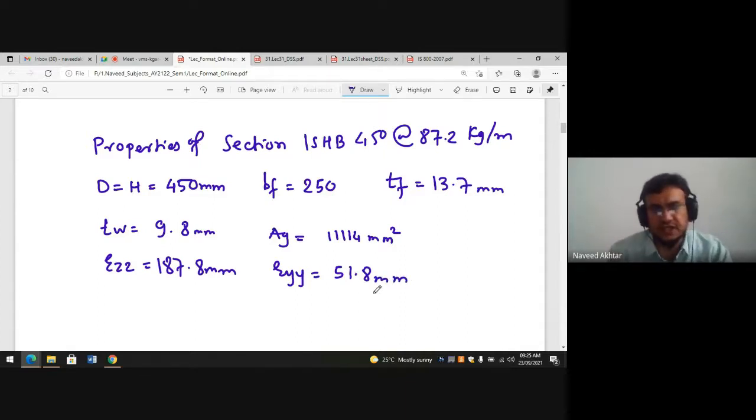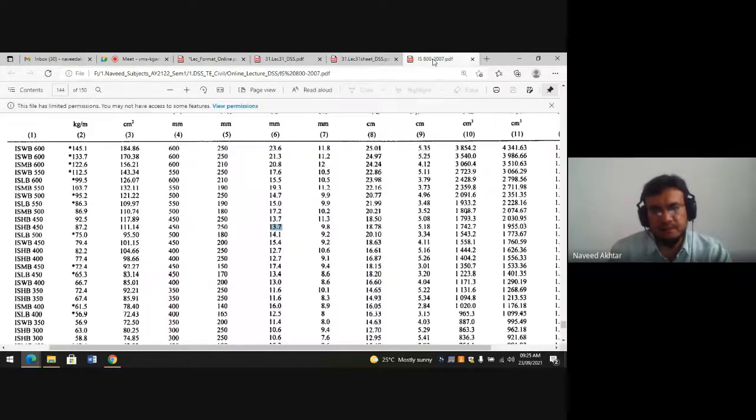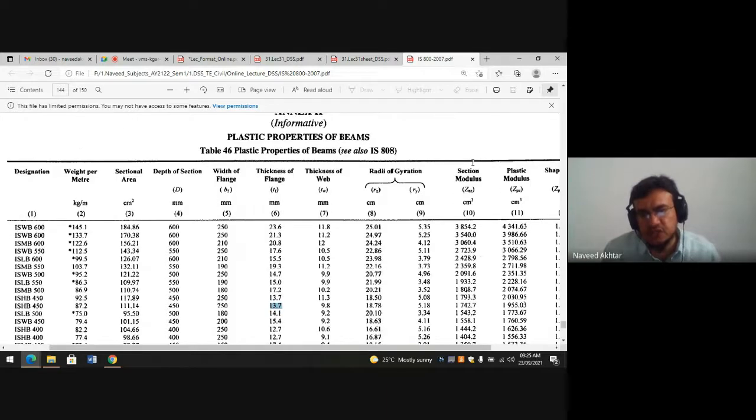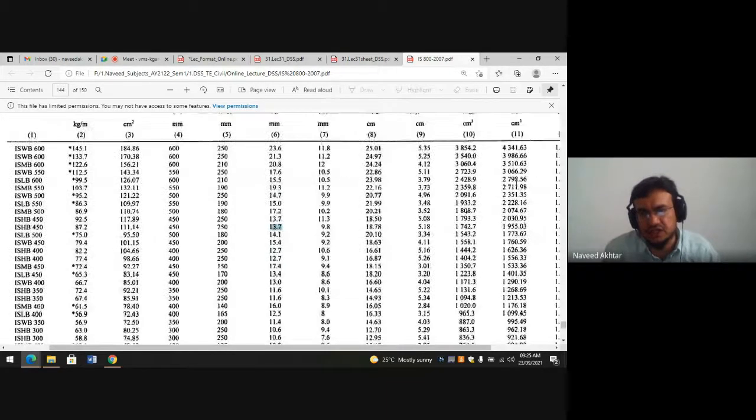All these are the section properties. Then you can see the elastic section modulus and the plastic section modulus are also given here.